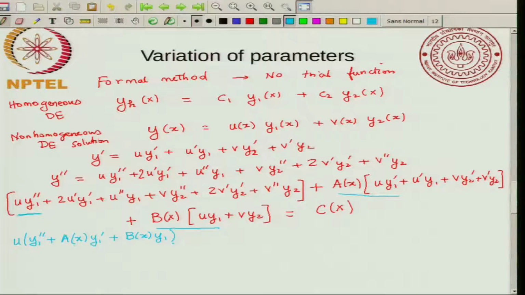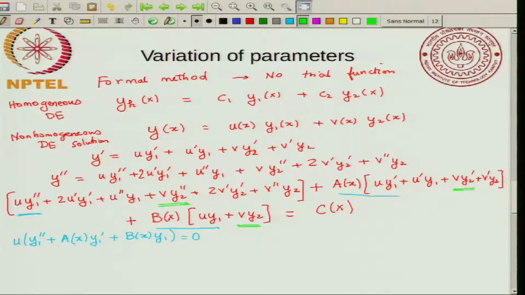The term in the bracket is equal to 0 because y1 satisfies the homogeneous equation, so these three terms add up to 0. Similarly, the corresponding terms with v y2 double prime also add up to 0.